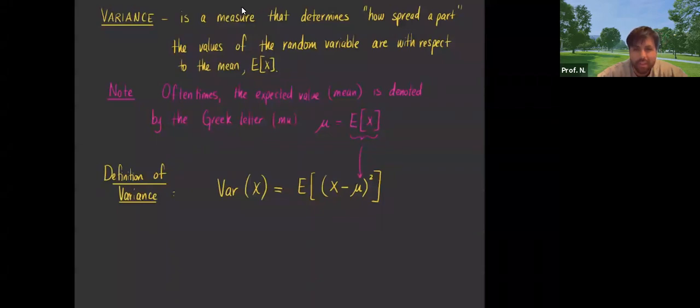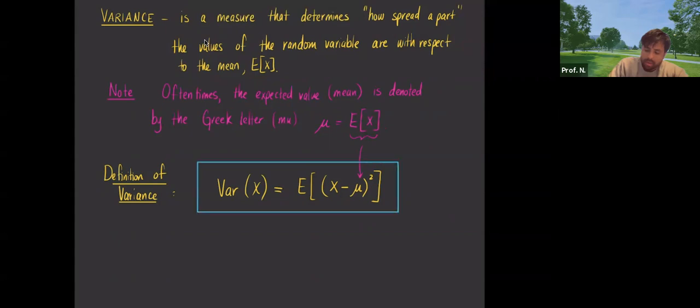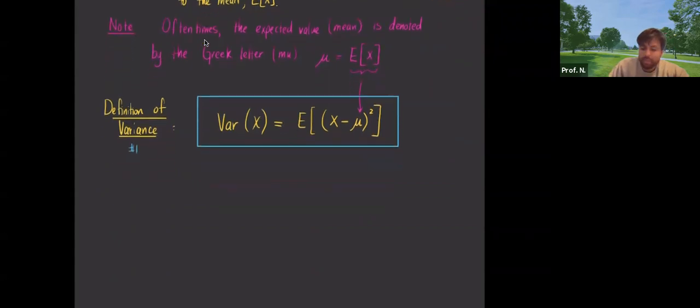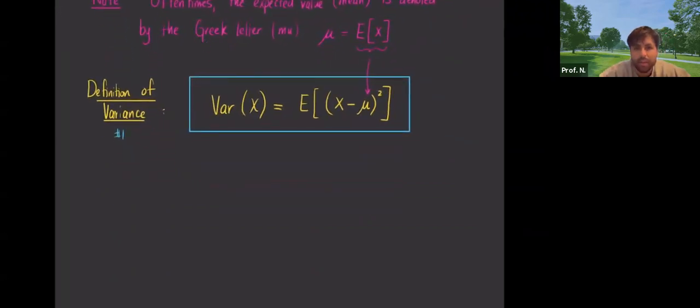Any questions about this? Has anyone heard about variance before? So this is one definition. I'm going to say number one, because there's another one. So let's look at this definition a bit more.